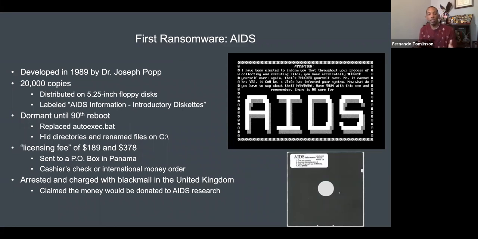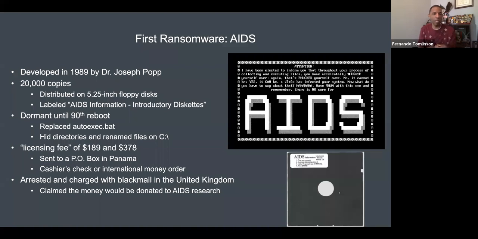Now, at the time, they termed the fee a license fee, and it was either $189 or $378. But as we look at technology at the time, they wanted you to send this to a PO box in Panama, and it wanted to be a cashier's check or international money order, right? So automatically, we see that for that time, a PO box probably made sense.